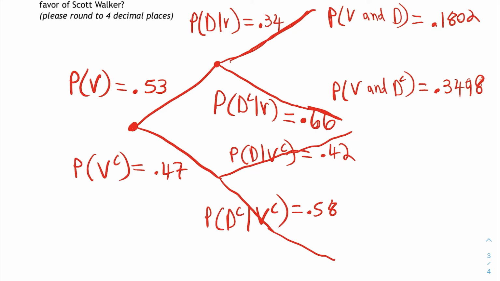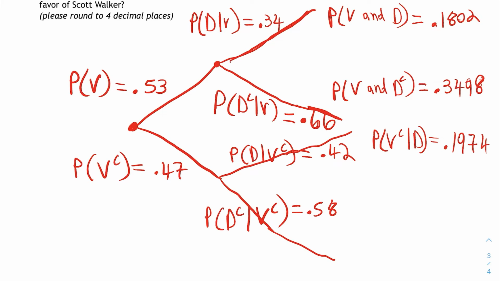And then the next one is the probability of not having voted for Scott Walker given that you had a college degree, and that's the product of these two, 0.42 and 0.47, which is 0.1974.